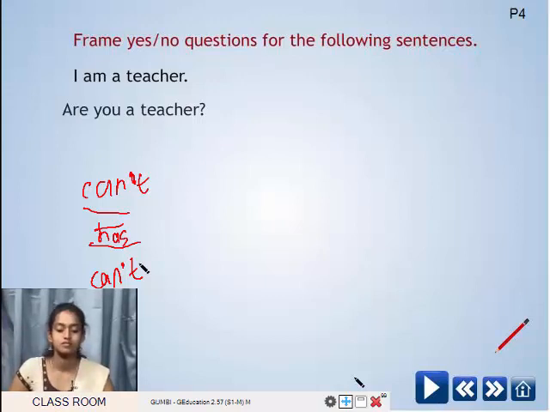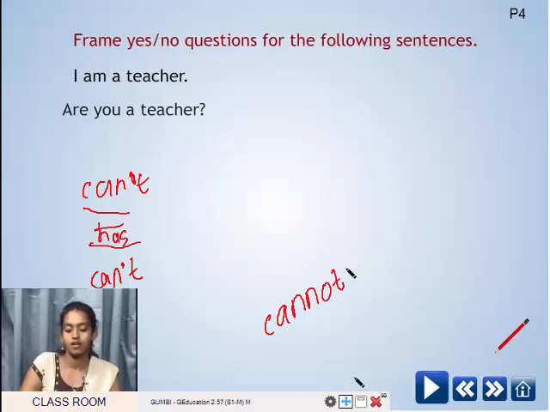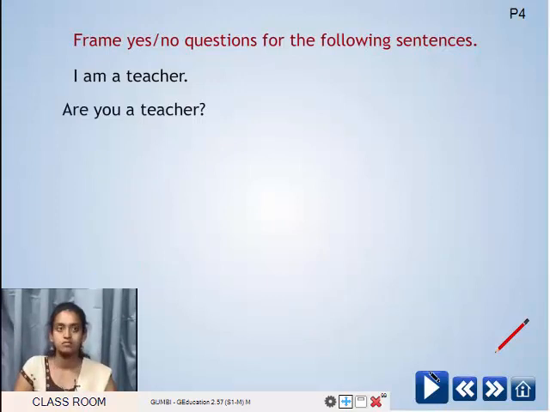Shashi has to. Can't is cannot. Cannot is present tense. Okay, children? So when the question is in present tense, the answer also must be in the same present tense. So Shashi has to complete his project and submit it the next day. So he can't play.